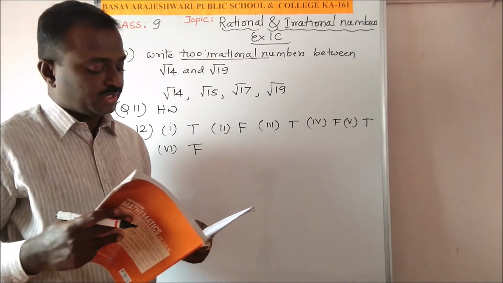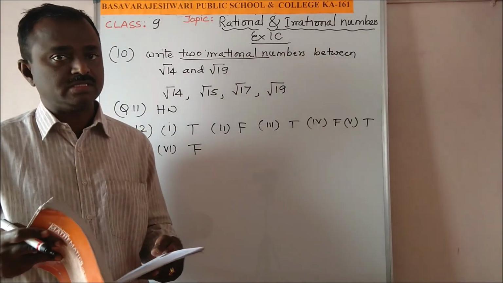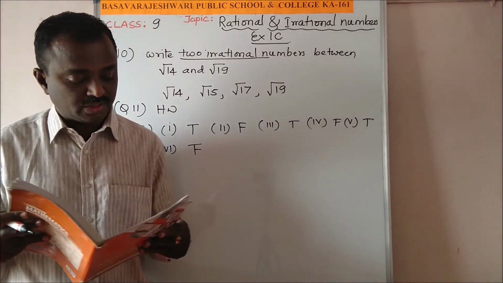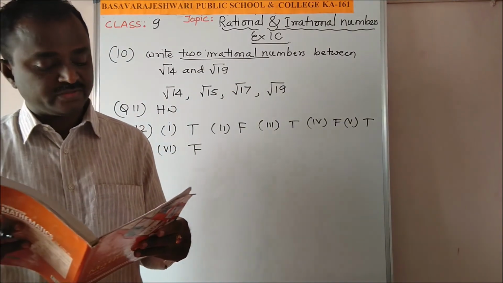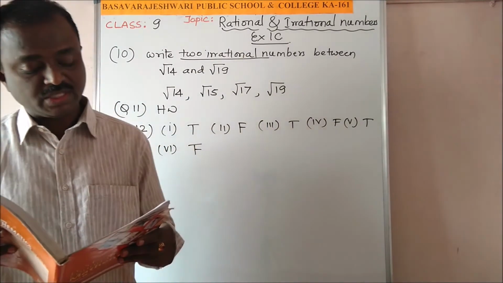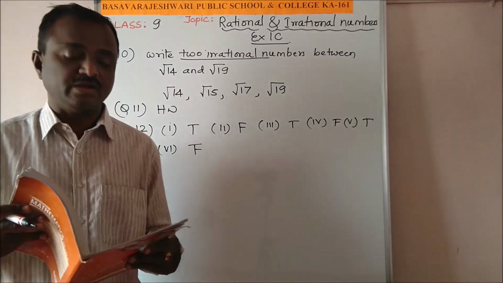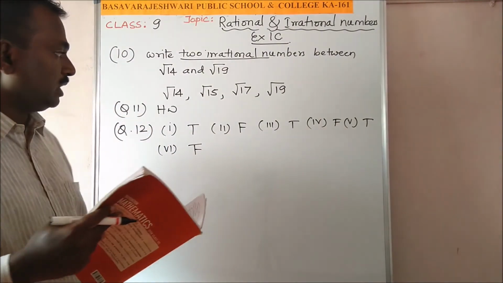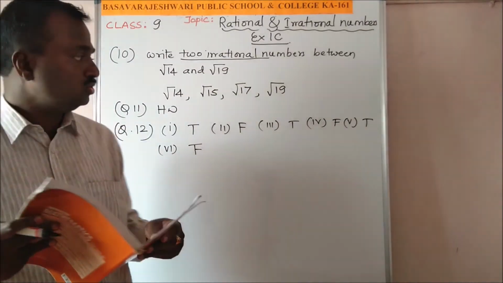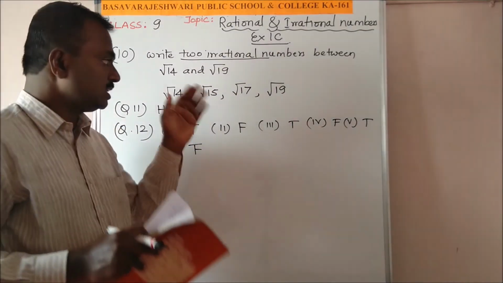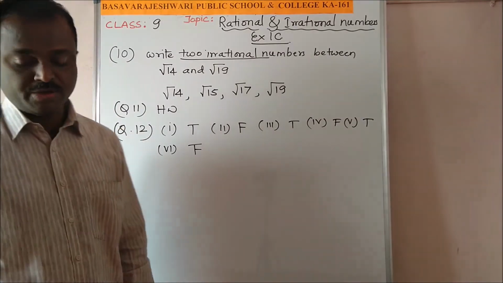Next, questions 13 and 14: what are rational numbers? Give 10 examples. What are irrational numbers? Give 10 examples. No need to write, only up to 12 is enough. So true, false, true, false, true, false. Write these points in your notes.